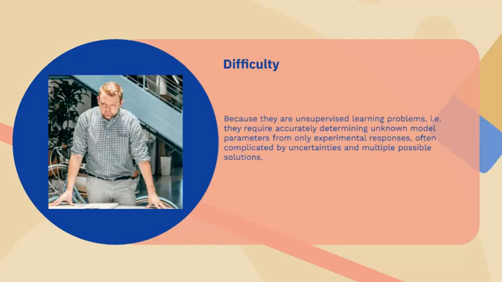In addition, these experimental responses are often riddled with uncertainties, aleatoric uncertainties, etc. And it might even be that not all parameters are obtainable, so there might be multiple solutions depending on the strategy that we follow. All of these things are complications that we need to deal with.